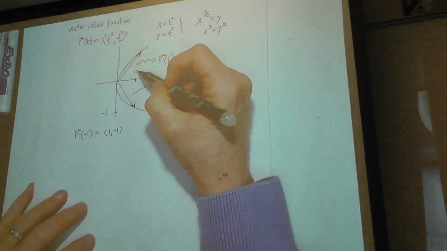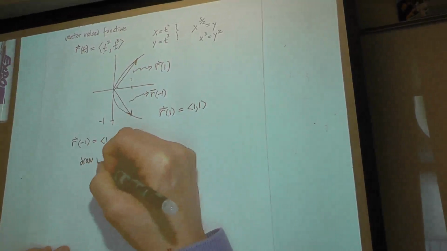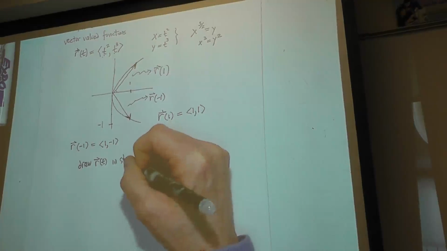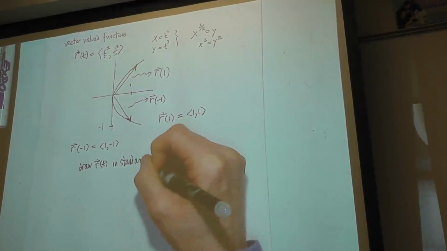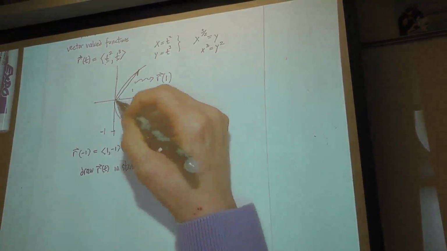So what I'm doing is drawing r of t in standard position, meaning its tail is at the origin.